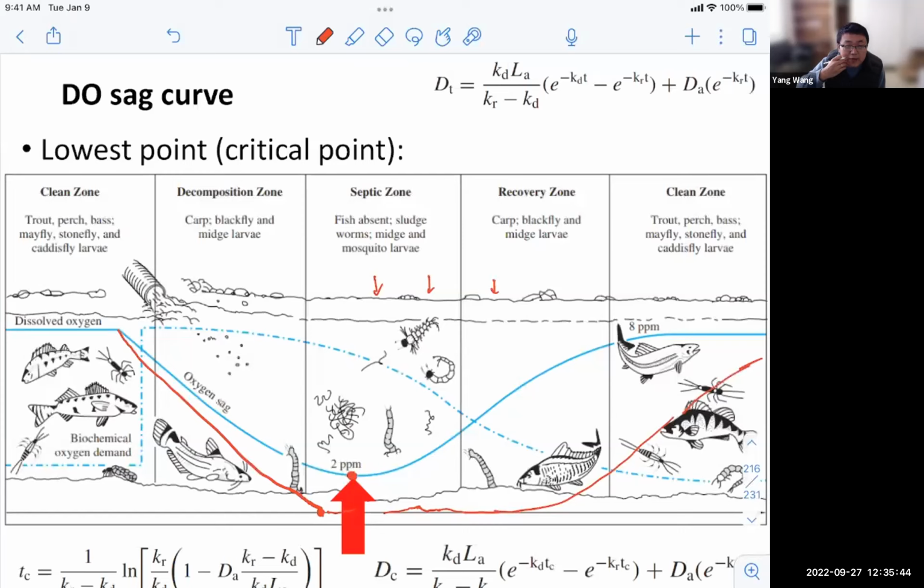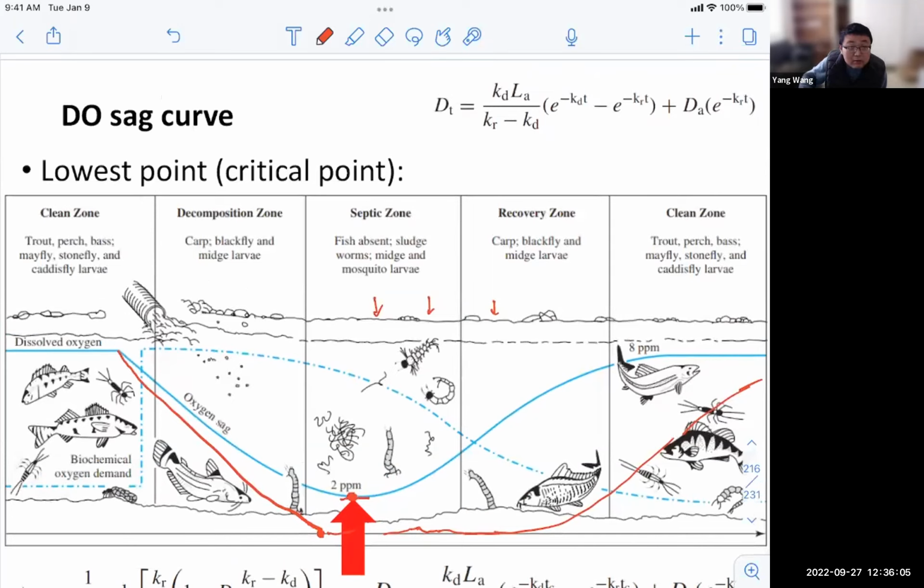And with this analytical expression, we can also find out where this lowest point is, because this is a point that's either a maximum or a minimum. To find the minimum point, we can take the derivative of this term.